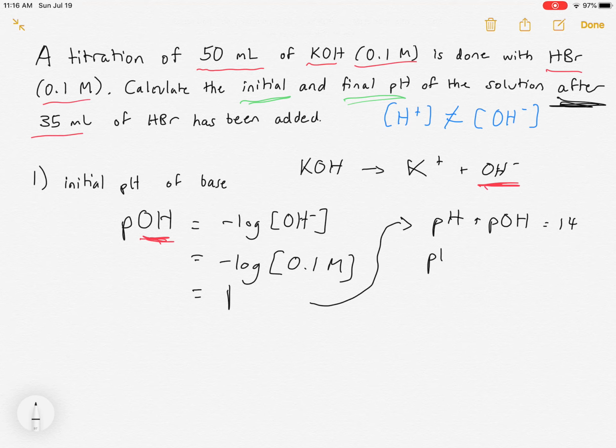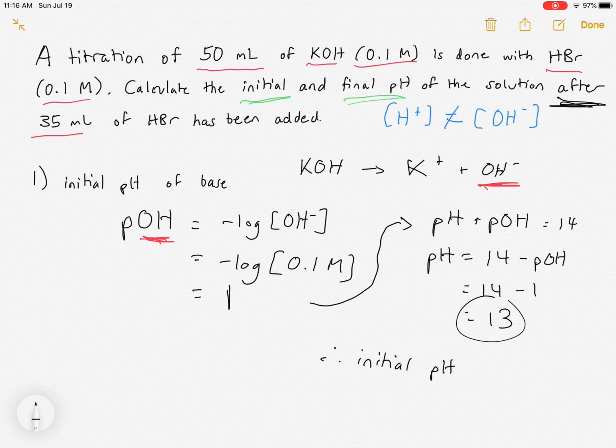So if we want the pH, then that's 14 minus the pOH, just did some quick algebra there, and 14 minus 1 is 13. So therefore, the initial pH of that solution, of that base, is 13.